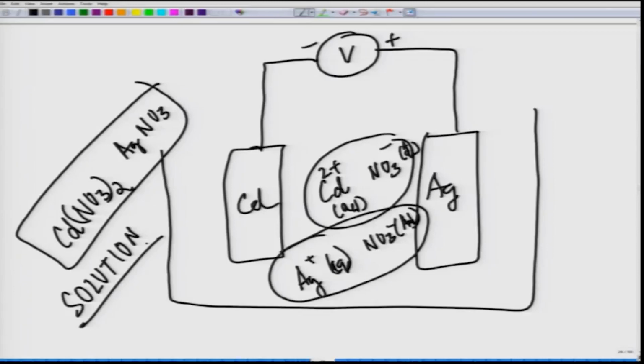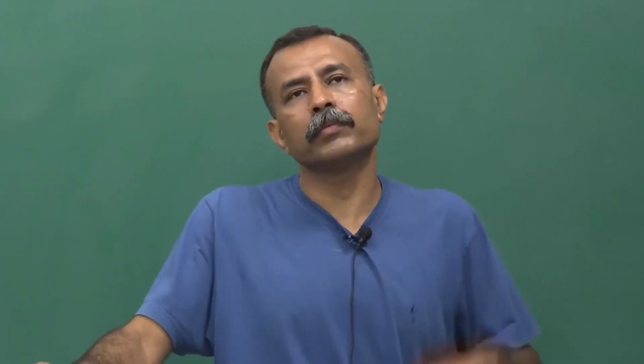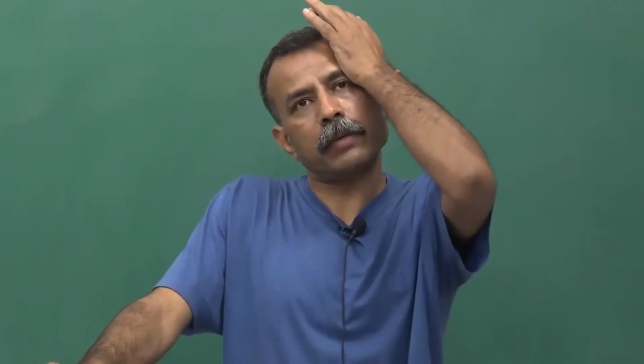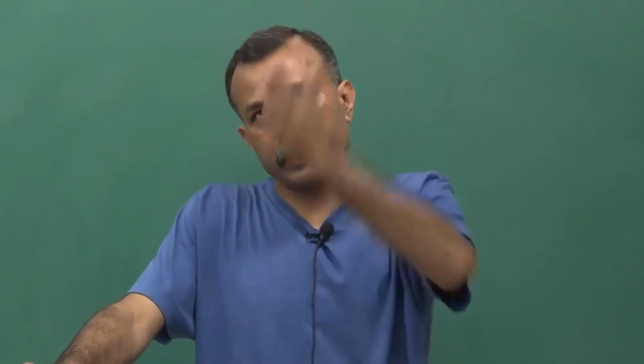Now here is a situation, if you remember when I started the class I told you I could have three situations. One situation where I have a barrier, as I discussed in the previous class, where you have the copper and the zinc electrode separated by a barrier.